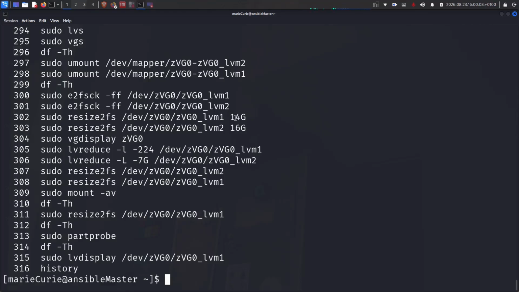LVM1 will be 14GB, LVM2 will be 16, right? Okay, so 224 will be LVM1 7GB, capital L for LVM2. Okay, so LVM2 will be 16, LVM1 will be 14, but it is definitely not reflected.